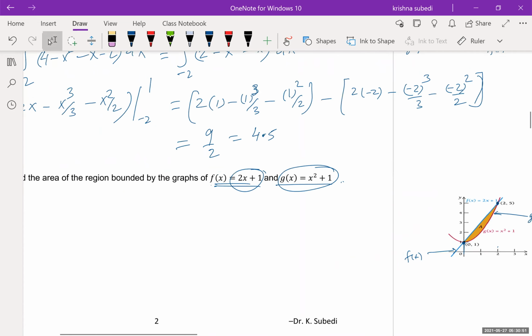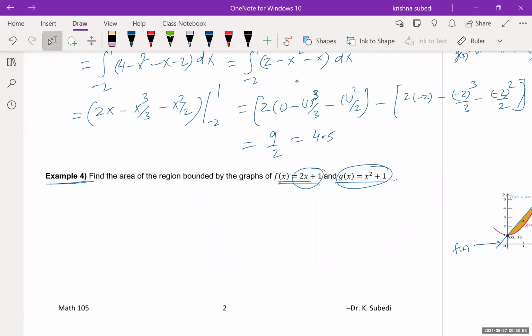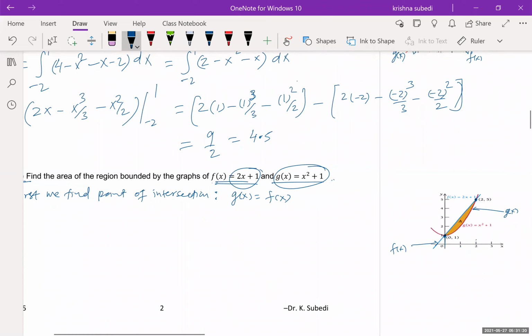So let us find the points of intersection. First, we find the points of intersection. The point of intersection is always where f of x equals g of x, or g of x equals f of x, when these two functions have the same value.